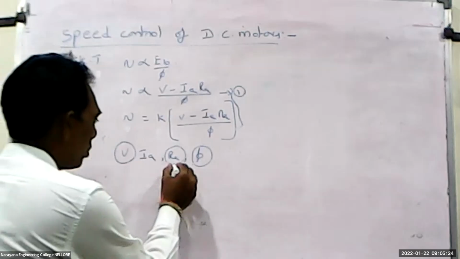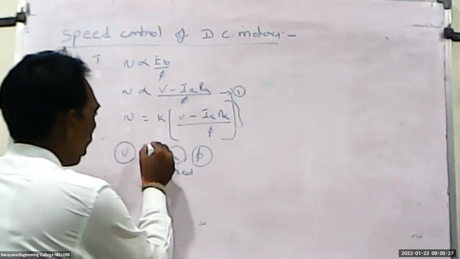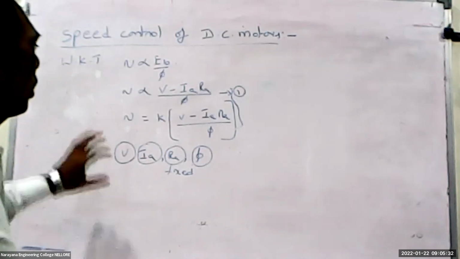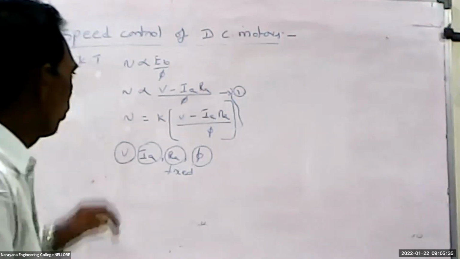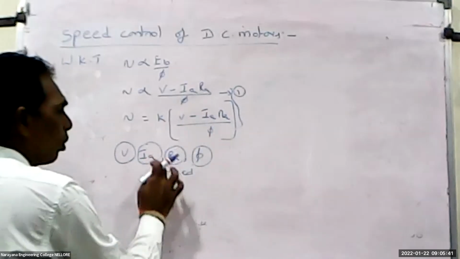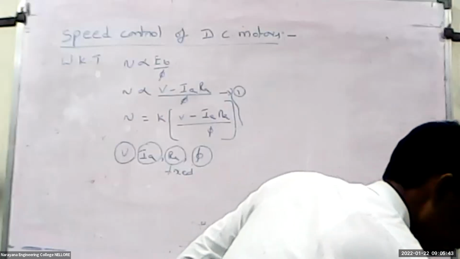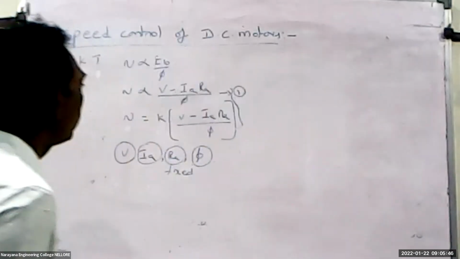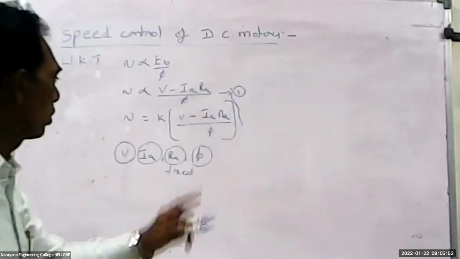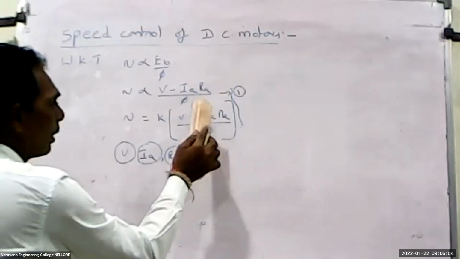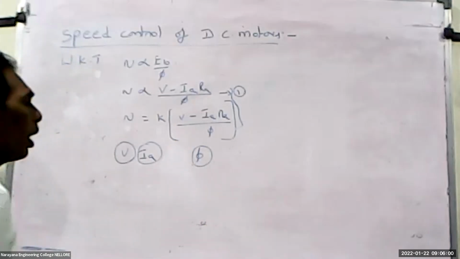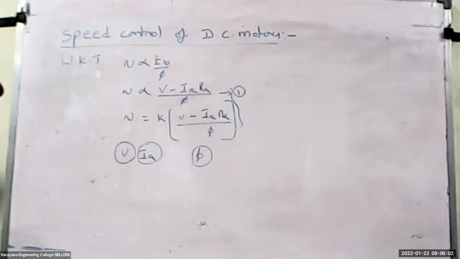So armature resistance is fixed, which means we control using Ia. So the parameters we use to control the speed are V, Ia and phi. The control variables are V, Ia and phi.